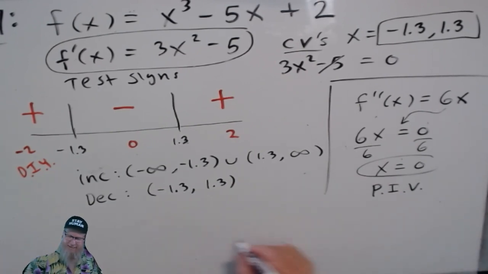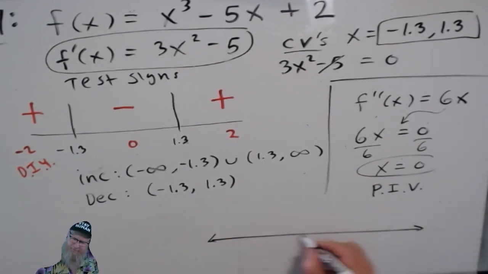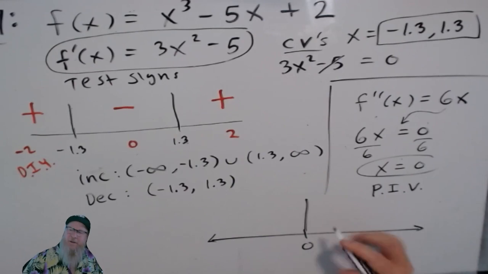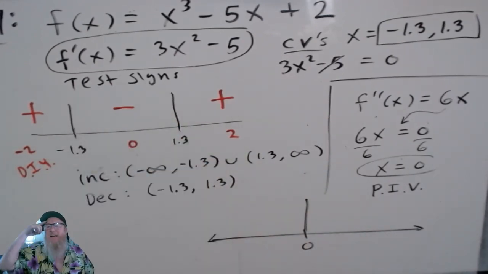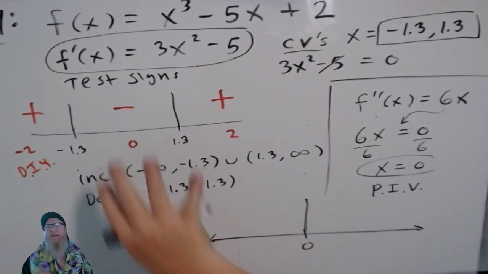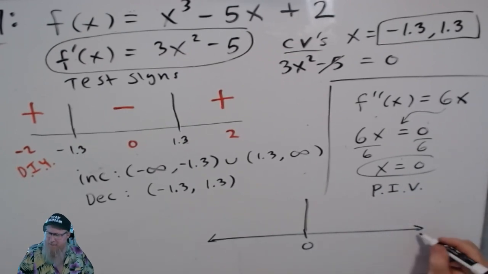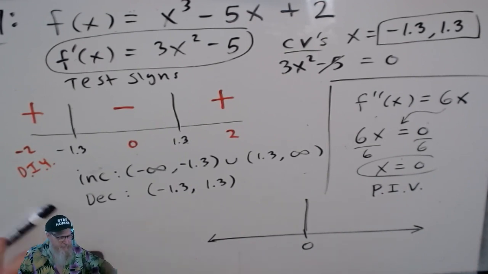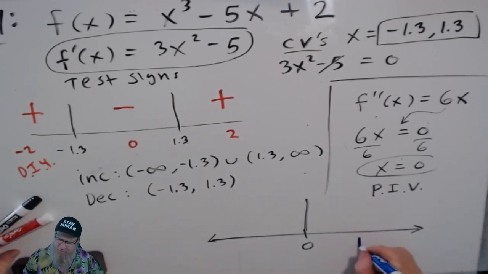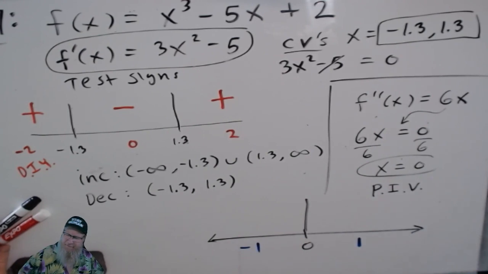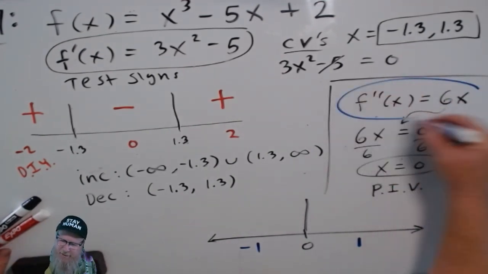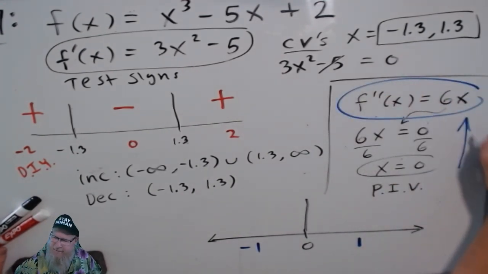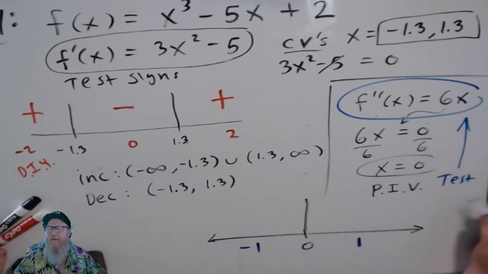So now we're going to test the second derivative. You could try to do it right here. It gets kind of messy. I have seen people double dip their sign test, but I'm just going to make a new sign test, starting with 0. So pick a number on the right, say 1. Pick a number on the left, negative 1. And this time you're testing the signs of the second derivative.